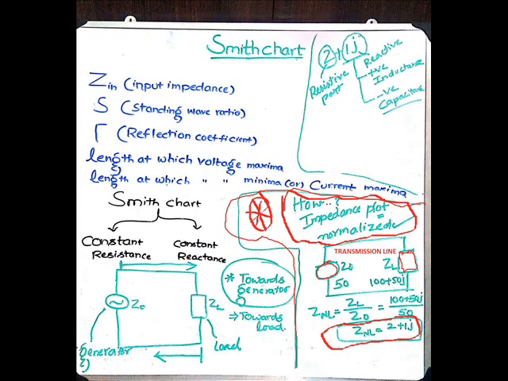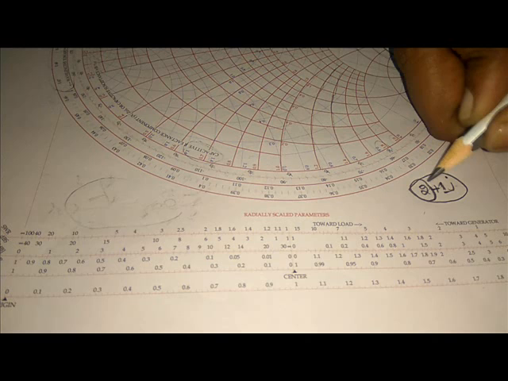Now I put in the values: 100 plus 50j divided by 50 gives 2 plus 1j. Now we have to plot 2 plus 1j, that is the normalized load impedance.